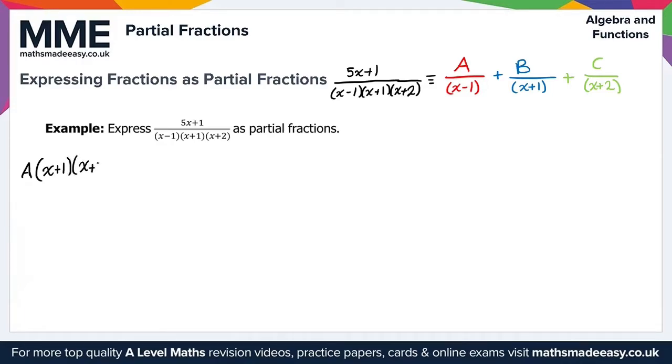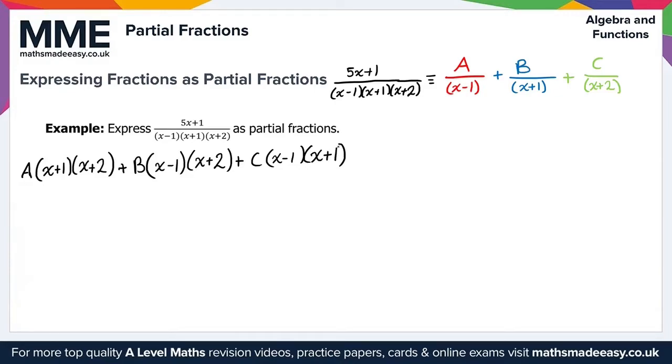So in total then, what we're going to obtain here is A times x plus 1 times by x plus 2. Okay. Doing the same with the B here, we're going to obtain B times x minus 1 times by x plus 2. Okay, and finally for the C here, it's going to be C times by x minus 1 times by x plus 1.